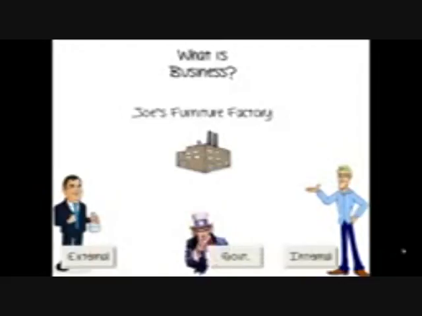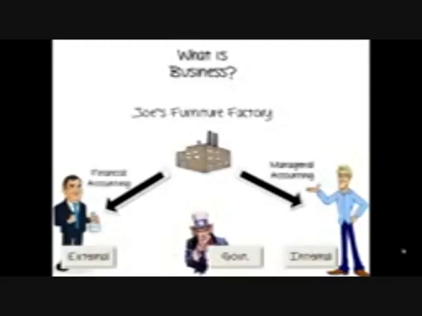Thus, the government is the third stakeholder in any business. The internal stakeholders are provided information about the business in a language called as managerial accounting. The external stakeholders are provided information in a language called as financial accounting. Uncle Sam, the government, is provided information in a language called as tax accounting.